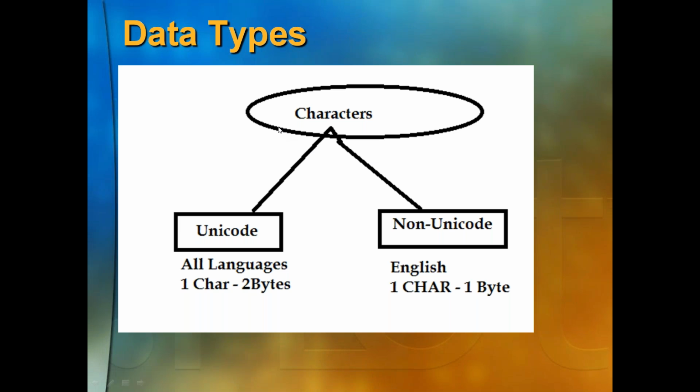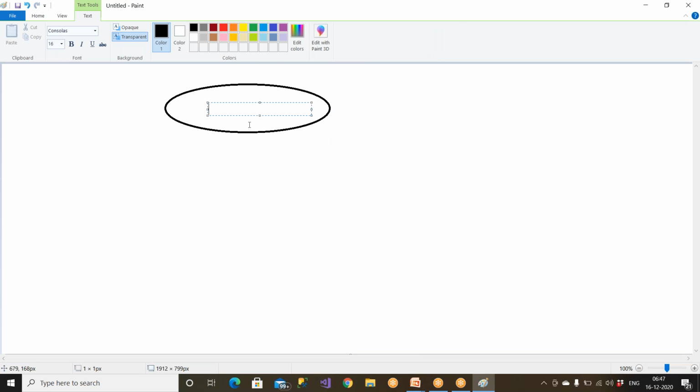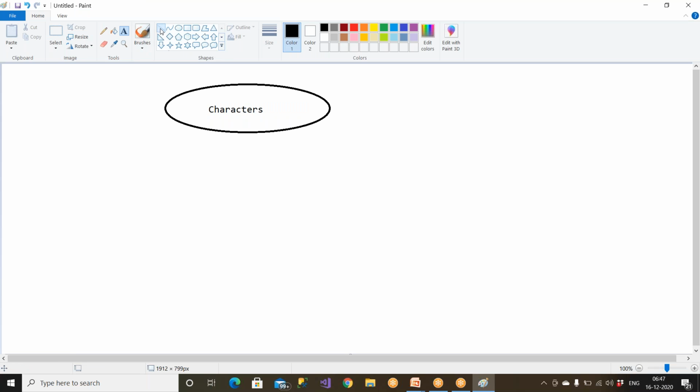If you take all the characters in this world, there are two types of characters. Okay, let me take Paint and draw it. I'm talking about all the data. Let me take all characters. There are two types of characters in this world.